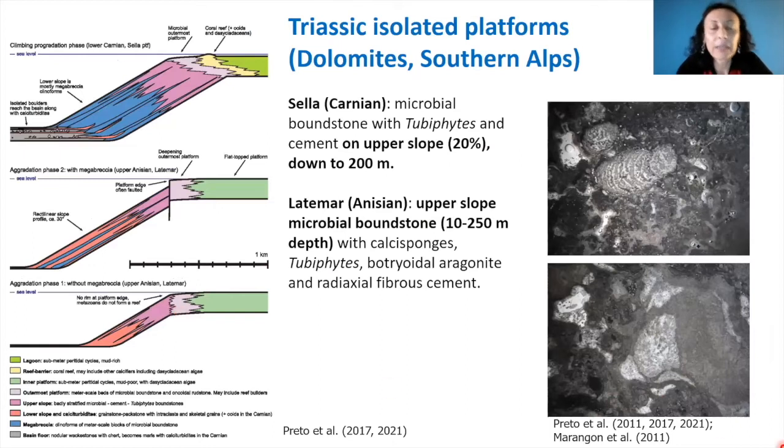And they presented in this field guidebook the comparison between the Anisian Latemar platform and the Carnian Sella platform, both dominated by microbial boundstone on the upper slope, with the difference that in the Latemar, the lower slope is dominated by grainstone-packstone of grainy resedimented material, and in the Sella, the lower slope is dominated by grain-supported breccias with clasts mostly derived from the upper slope boundstone.